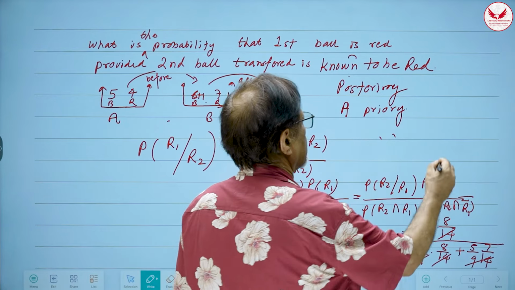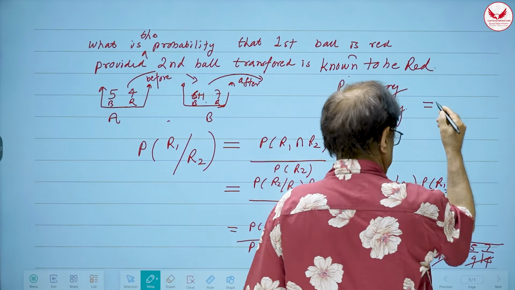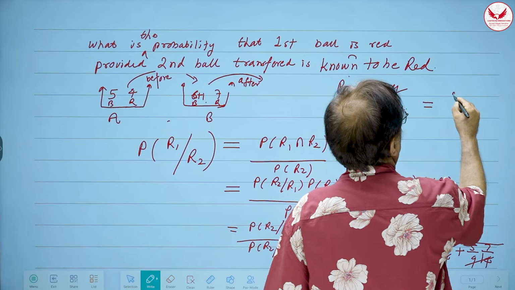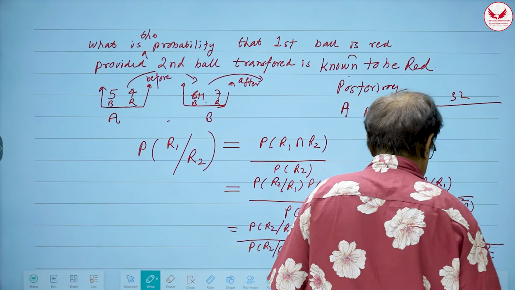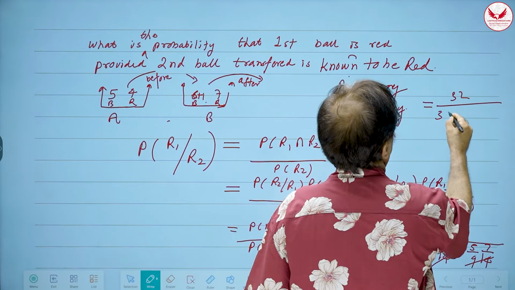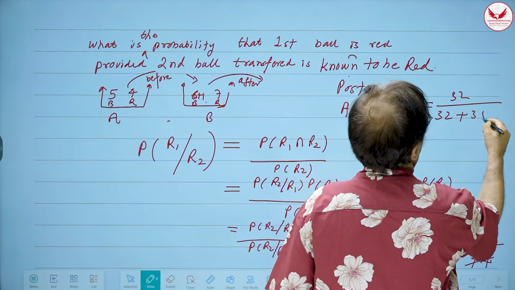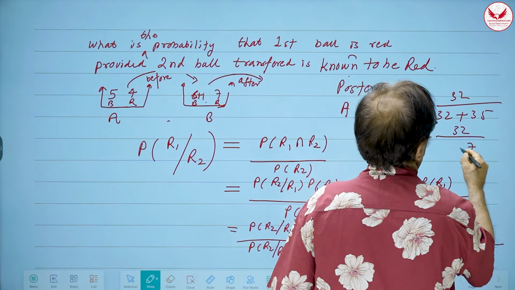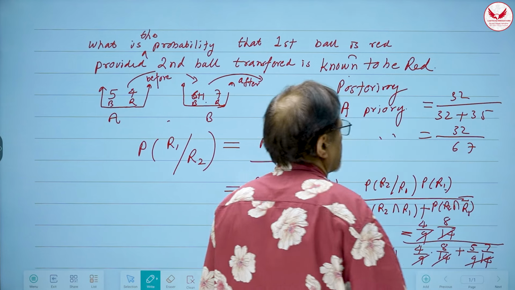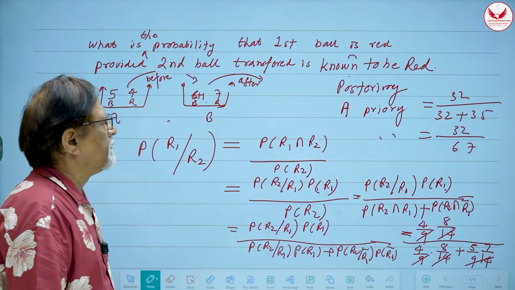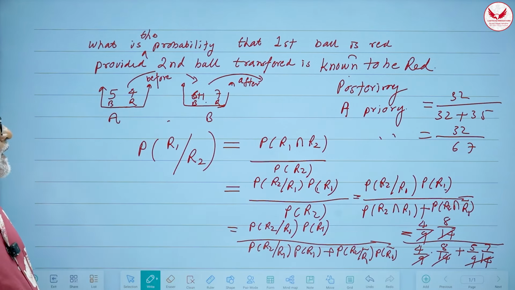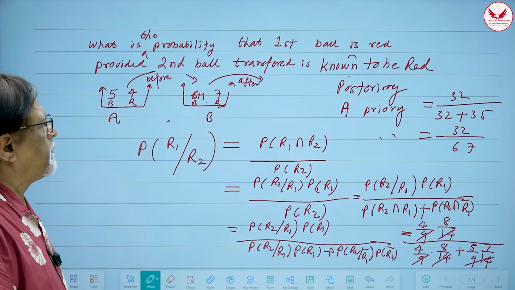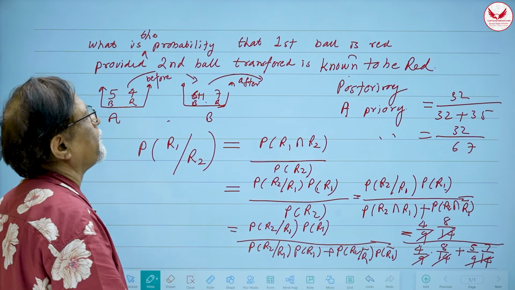So the total turns out to be 32 divided by 32 plus 35, which means 32 upon 67. So the probability is 32 by 67.